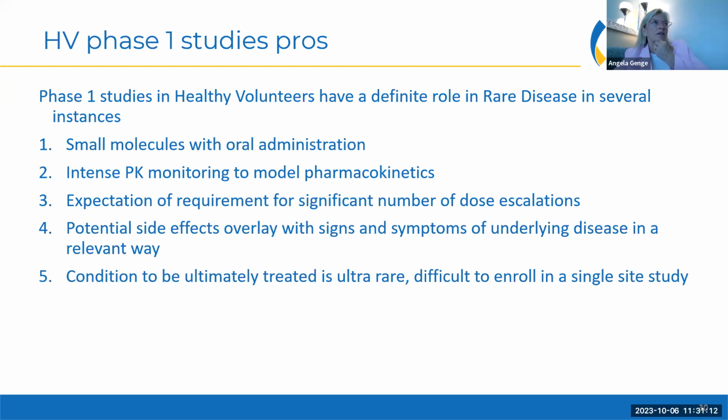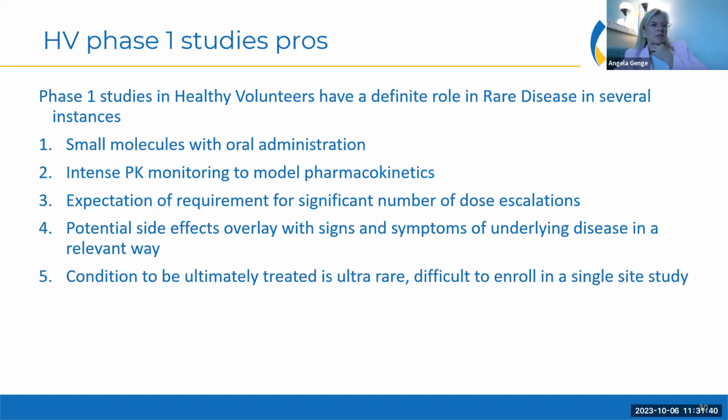So in phase 1 clinical trials using healthy volunteers, the overwhelming rationale that clinical development professionals bring to the table in deciding to take the healthy volunteer approach is the speed with which you can do your single ascending dose, reach your maximum tolerated dose in your phase 1 study.